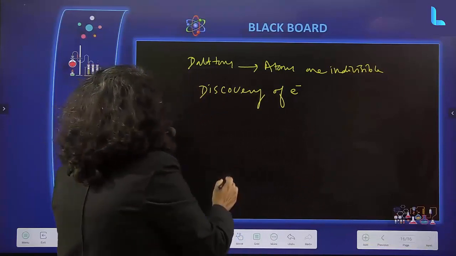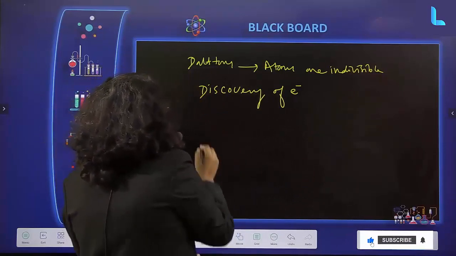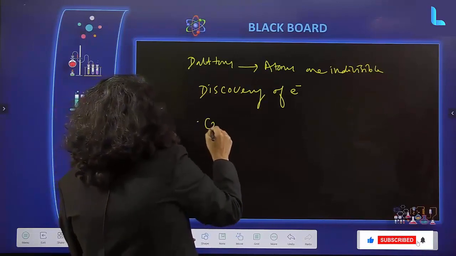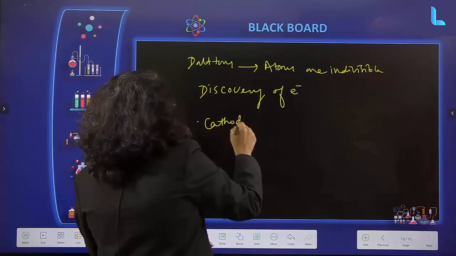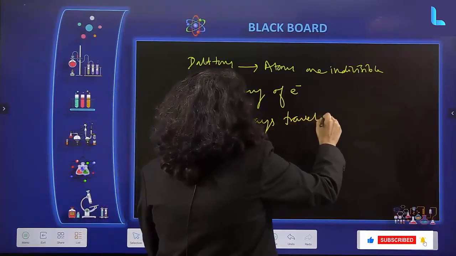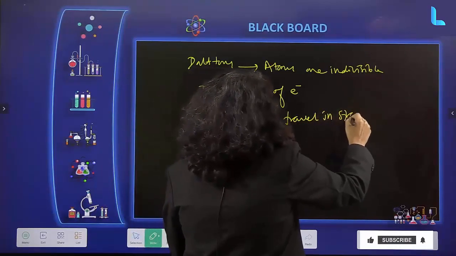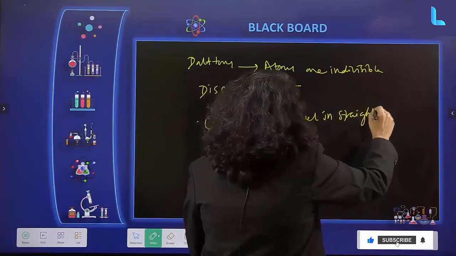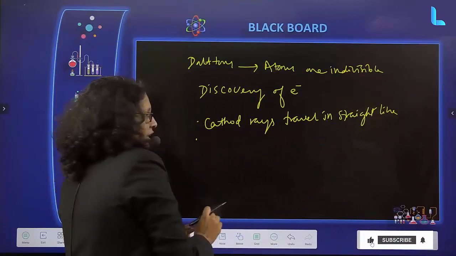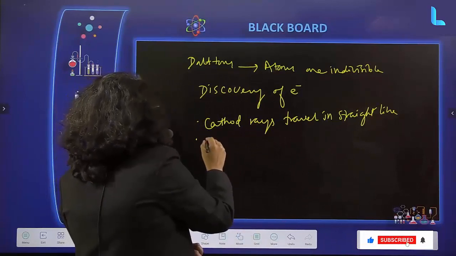Then the discovery of the electron in a cathode ray tube. When we observed it, what things did we observe? The cathode rays travel in a straight line. Second, when it falls, it is not visible by itself.